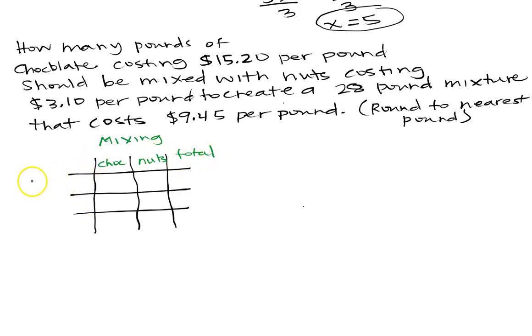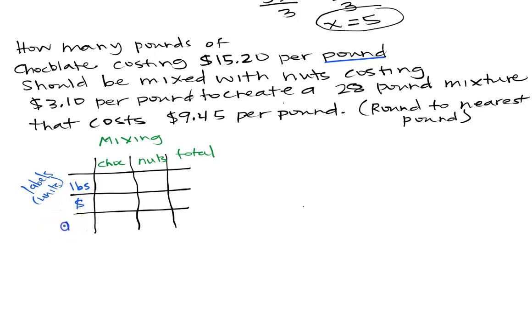And then down the side, I'm looking for the labels or units in the question. So it's giving me things about pounds, so I know that's going to be one thing I want there. And then the other thing is these dollar signs, so it's talking about the cost.